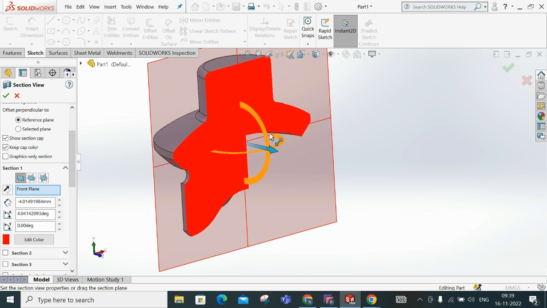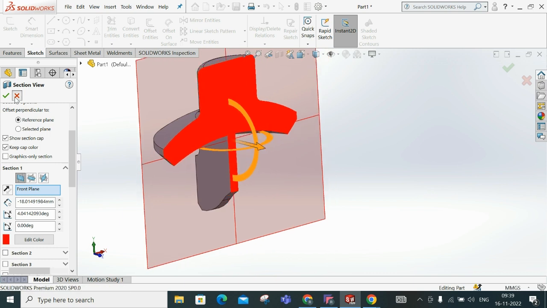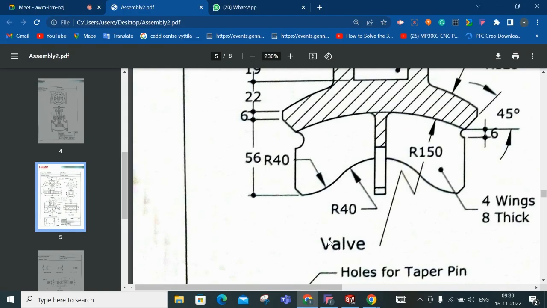Some other kind of cross section we are seeing. I am not fully getting how the cross section is taken.